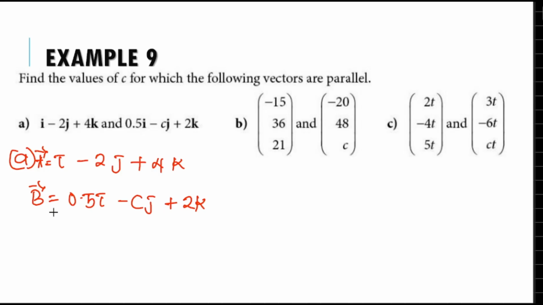You can see that in the first one we have 1i, in the second one we have 0.5. So what has happened there? That is multiplication by 1 over 2, right? Let's analyze very well.